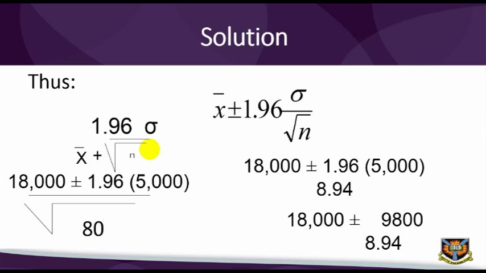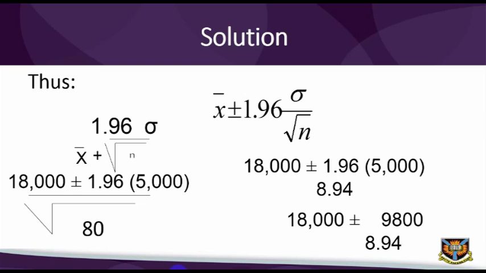18,000 plus or minus 1.96 times 5,000 over square root of 80 is equal to 18,000 plus or minus 1.96 times 5,000 over 8.94, which is equal to 18,000 plus or minus 9,800 over 8.94, which is equal to 18,000 plus or minus 1,096, which is equal to 18,000 naira plus or minus 1,096 naira.